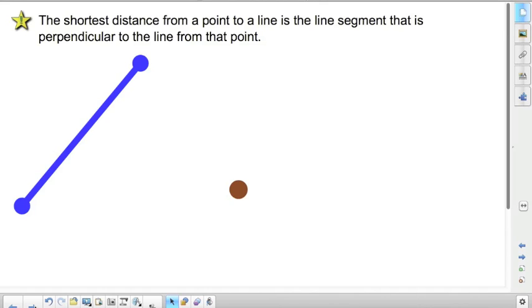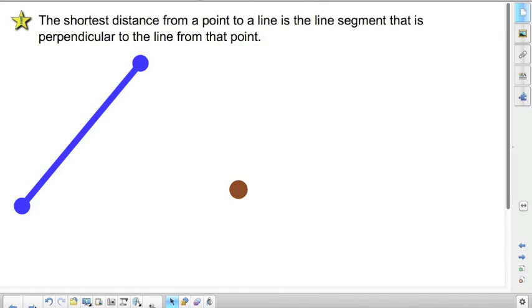And we're gonna actually use as an example the shortest distance from a point. So in this case, we'll go from this red dot out here to a line. The shortest distance from a point to a line is the line segment that is perpendicular to that line from that point.